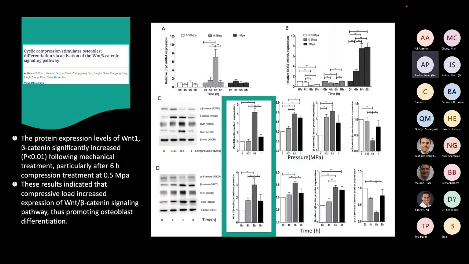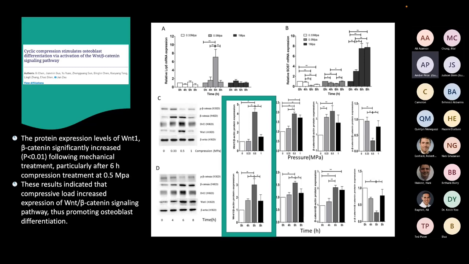And this was a study that looked at cyclical compression stimulating osteoblast formation, and that's through the activation of this Wnt and beta-catenin pathway. And so the important part is the pathway down to the left. They did cyclical loading and looked at the expression and formation of osteoblasts.